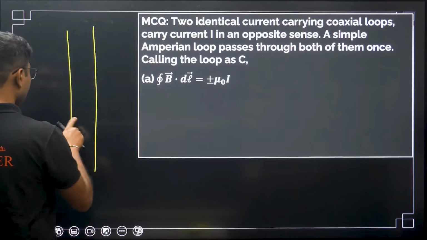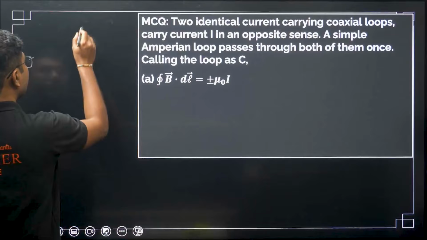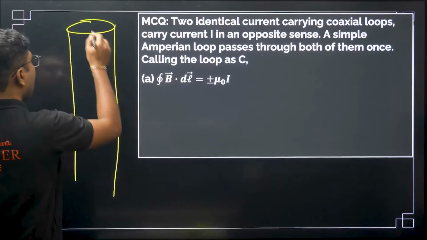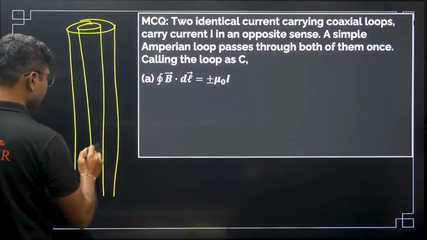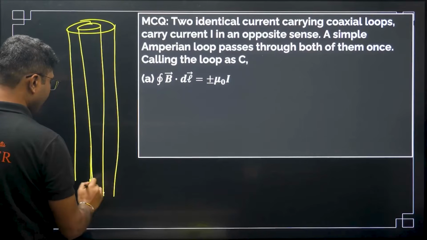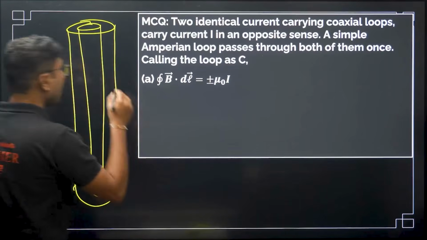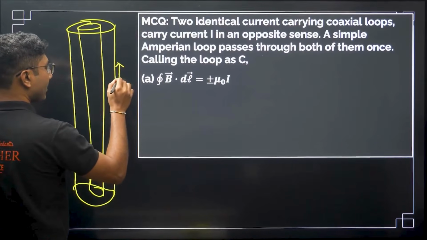Coaxial means they are not simply like this. Suppose this is one wire, and the second one is passing just through the center of that. These are just like pipes, water pipes, metallic pipes. Say a current I passes through this.